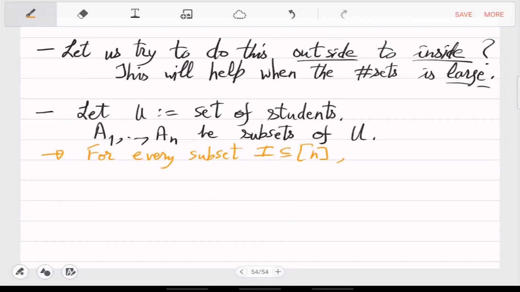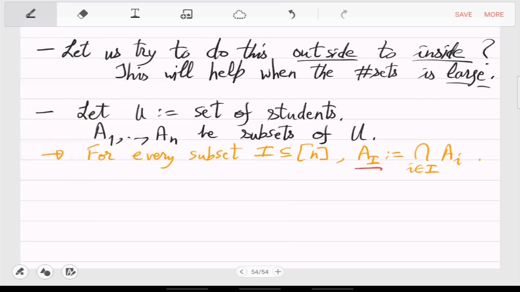So for every subset I of 1 to n, you are given A sub I, which is the intersection of AI. This is the definition of A sub I.